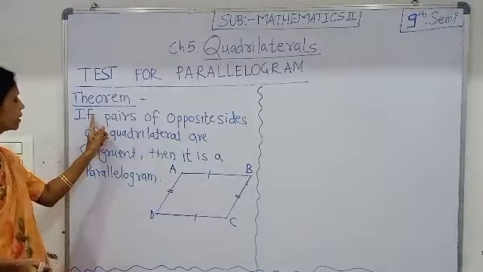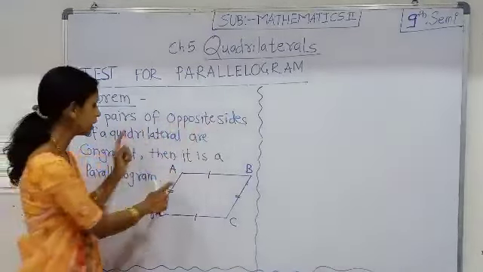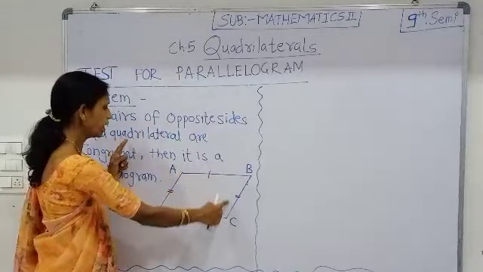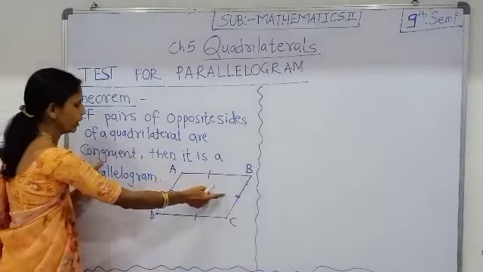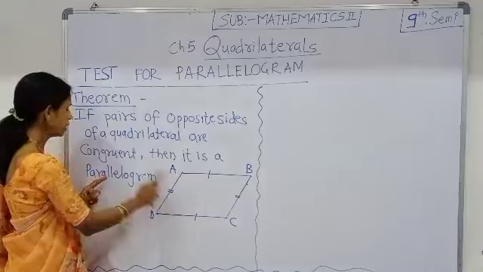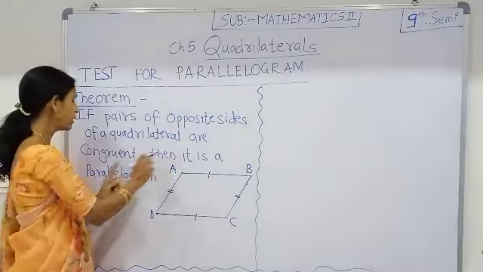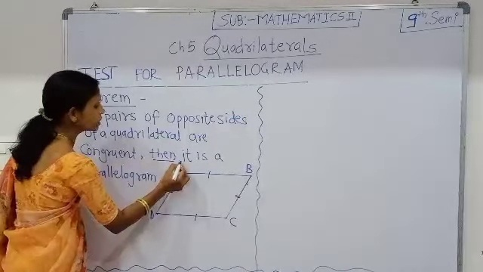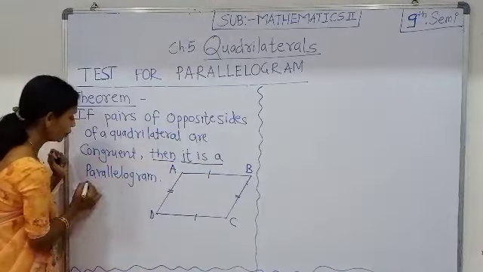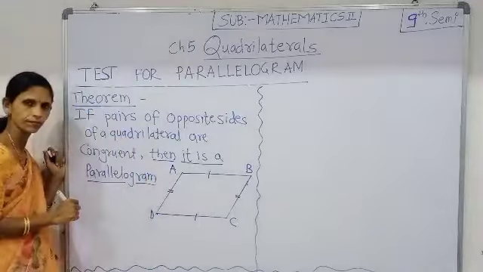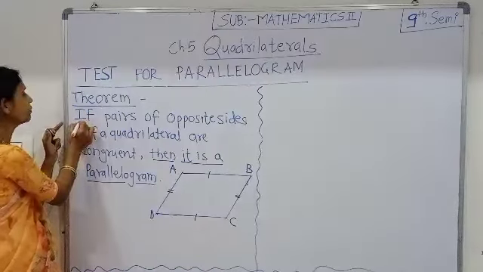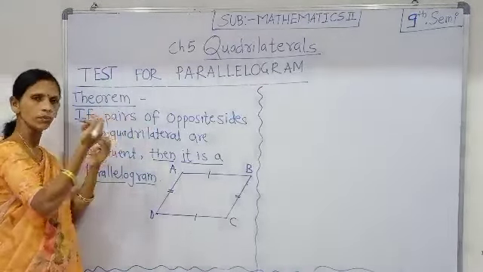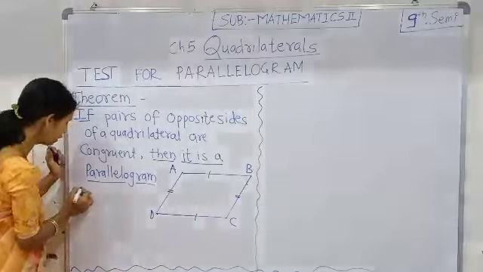That is, pairs of opposite sides of the quadrilateral are congruent. Then, see here, it is a parallelogram. That means the part after 'then' we have to prove, and the condition given after 'if' is the given.